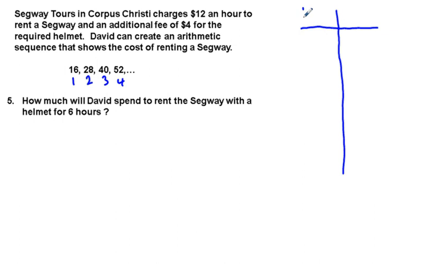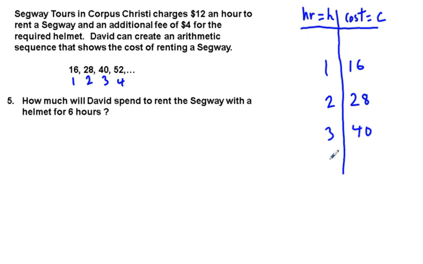So if we come to the right side, we input the number of hours, and we'll call that H, and then what will be the cost? Cost equals C. So if we go 1 hour, we'll get 16. 2 hours will cost us $28. 3 hours will cost us $40.